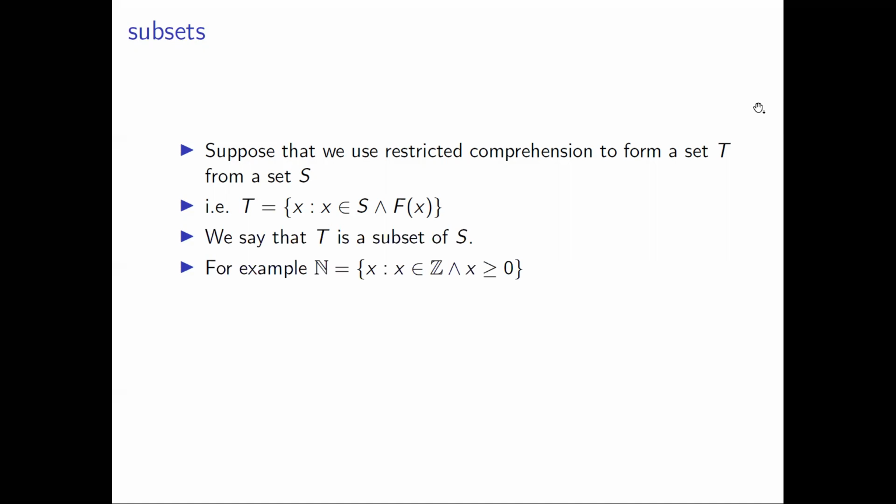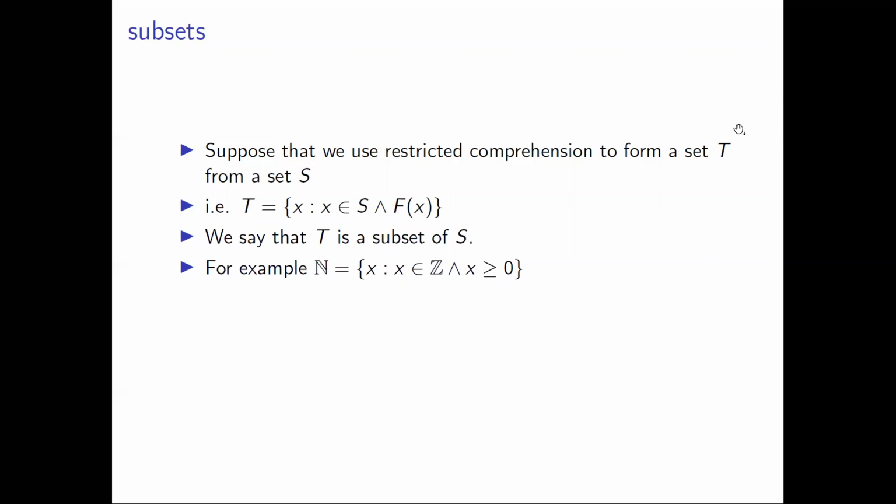Here's an example of a subset that we've seen before in class, but not with this notation. We can define the natural numbers as the set of elements x for which x is an integer and x is greater than or equal to 0.